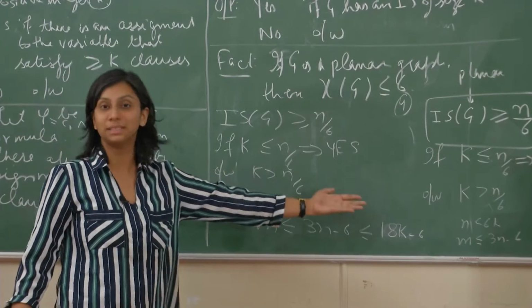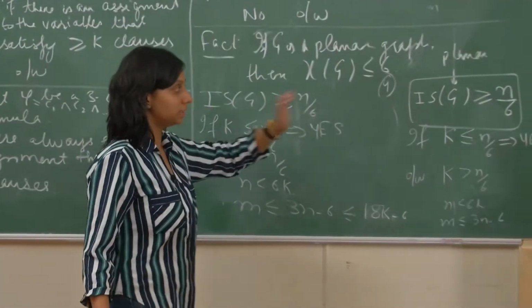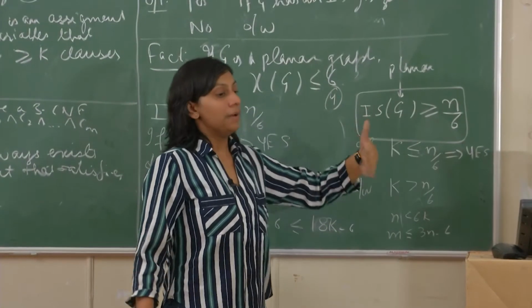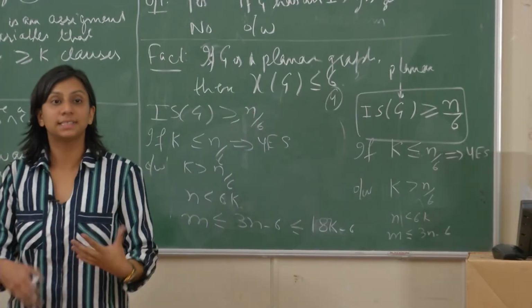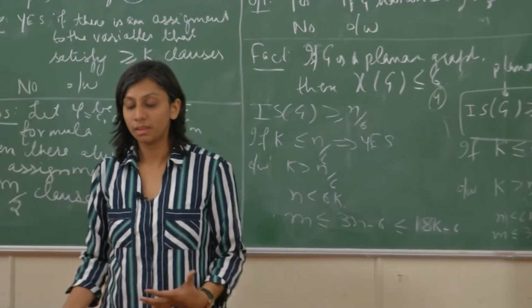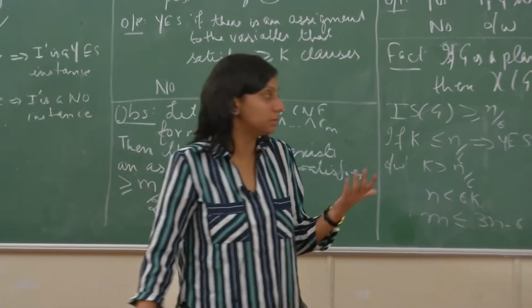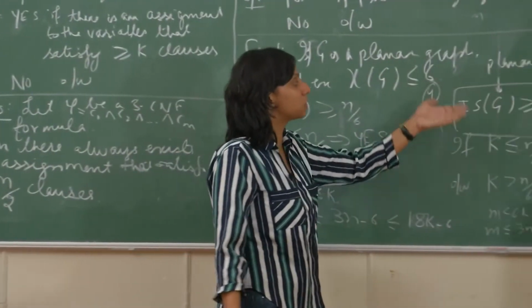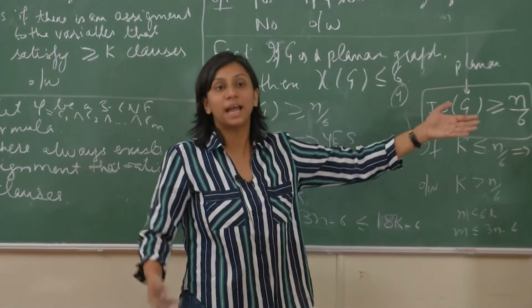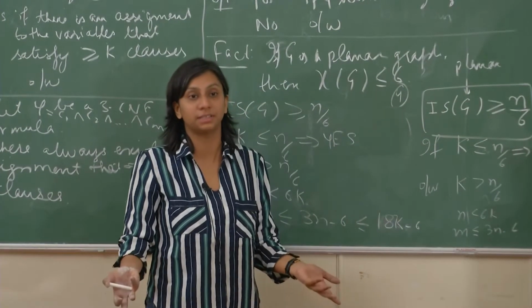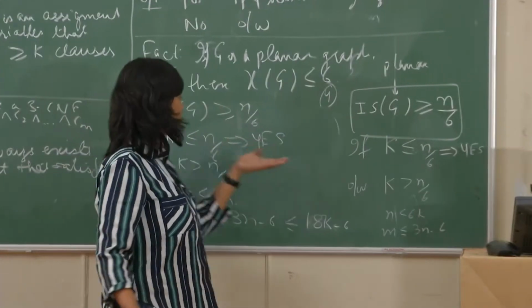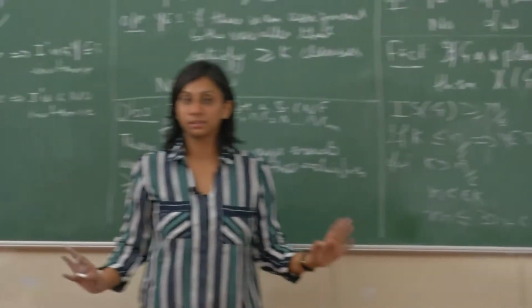Otherwise, it will output the same instance. This is the difference between an existential argument and a constructive argument. All we want to say is that there is always an independent set of this much size. I'm not asking you to give me an independent set of that much size. There is always this, so hence I can conclude this.